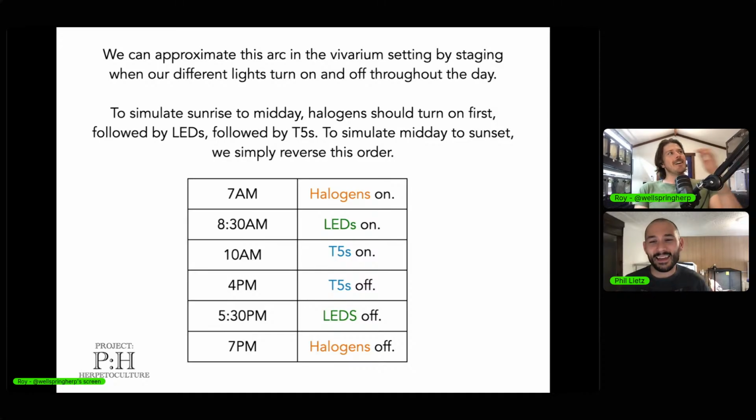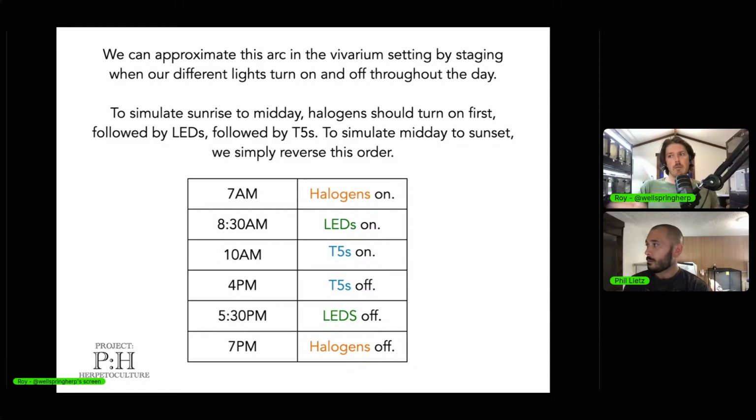And one thing I was going to say too is that if you're really being resource aware, as Phil is introducing here, one thing that I will actually do sometimes is have what I call a biphasic cycle with my halogens. So I'll turn my halogens off during the peak of the day, because I find that a lot of my animals, this isn't for all of them, but a lot of them, have a basking preference for morning and evening basking.